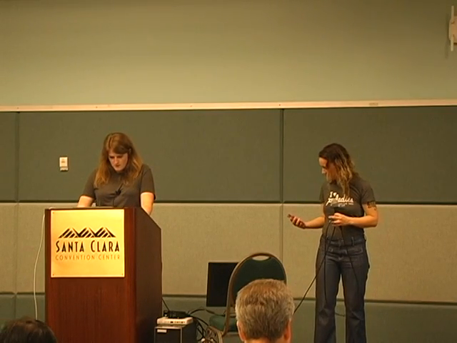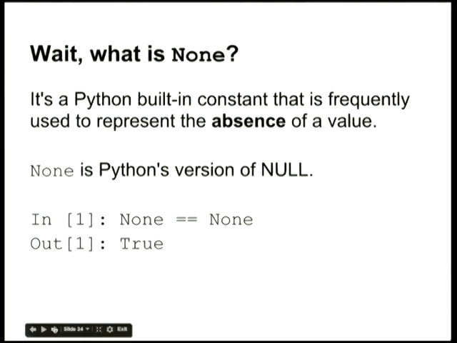Okay, all right, let's see here. So I talked about what None was. Does anyone have questions about None? None represents the absence of a value. You'll see that later when we talk about Python functions. A lot of times default arguments that functions are defined with are assigned to be None initially, because it's the absence of a value, and we just want there to be something there so that we don't throw weird errors.